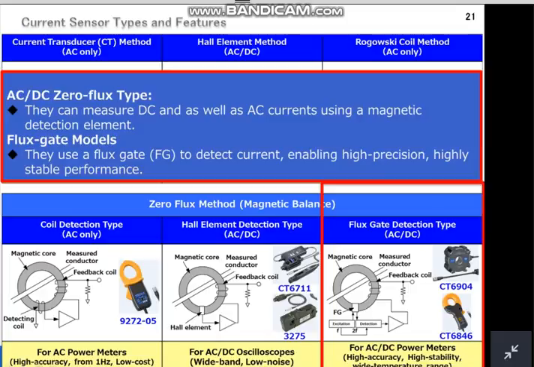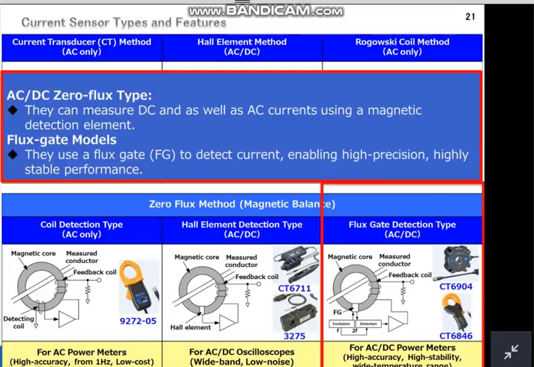The AC/DC zero flux type can measure DC as well as AC currents using a magnetic detection element, Hall element, or flux gate. The flux gate model uses a flux gate marked FG in the picture. It detects current, enabling high precision and highly stable performance. More specifically, the flux gate detects DC magnetism.